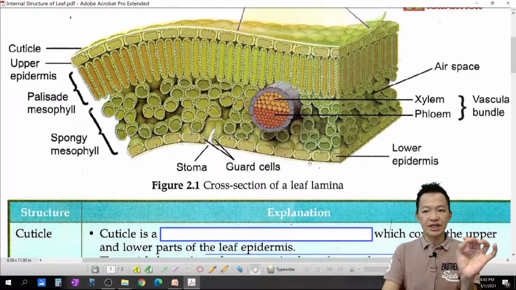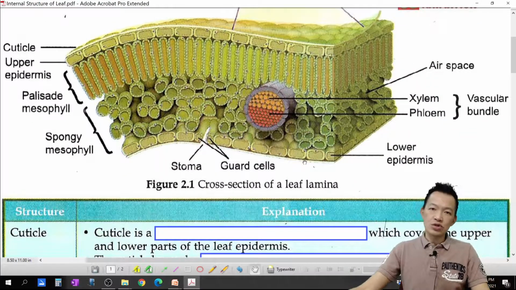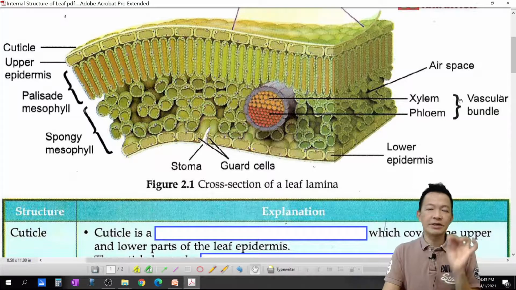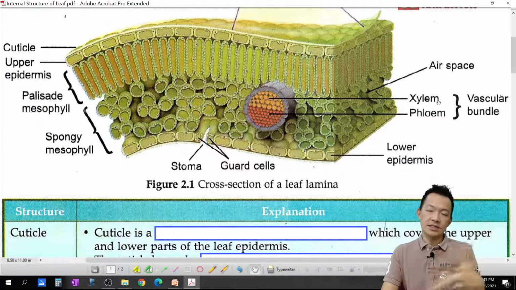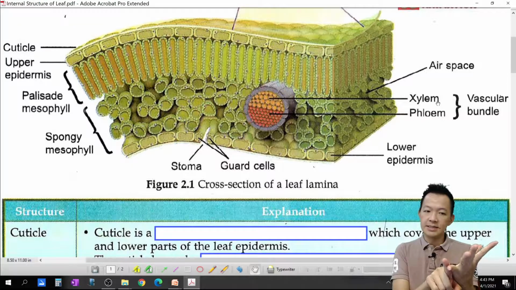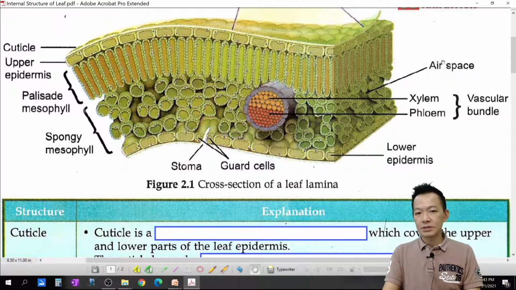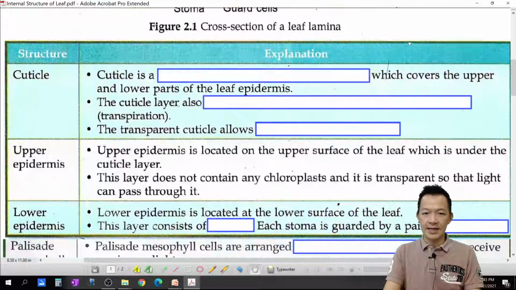Okay, finish. So you should be able to talk like me, and your bio will be good. You see the name, you should be able to explain what its features are and what it does. That gets you 6 or 8 marks.